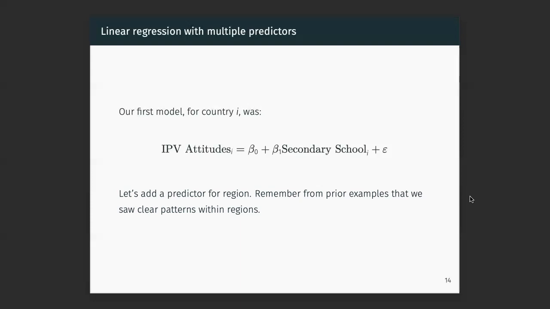That the history and culture of Latin America is different than the history and culture of Central Asia, and we might expect that those underlying differences would result in differences in toleration for intimate partner violence. It's a crude hypothesis, right?